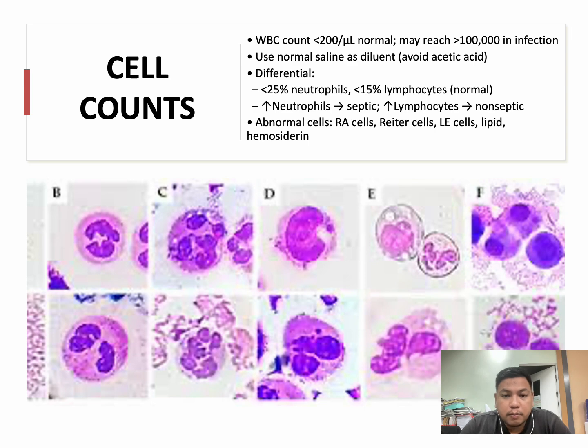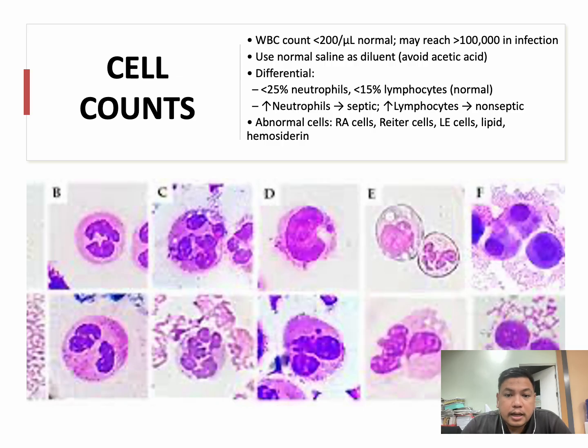In this method, we only use saline as diluent and avoid acetic acid, as it may kill our WBCs. In differential counting, normally we account for neutrophils of less than 25% and lymphocytes less than 15%.